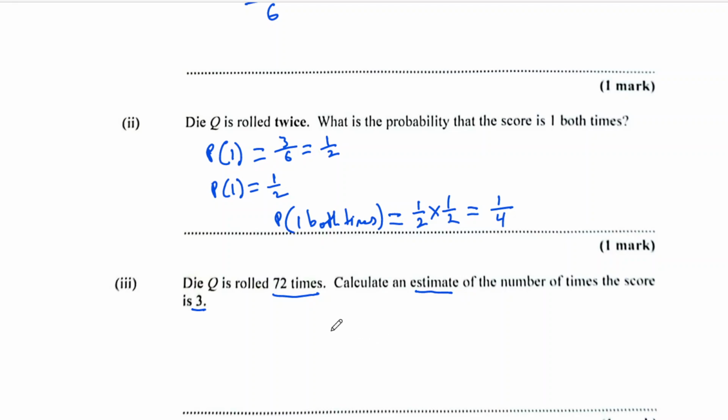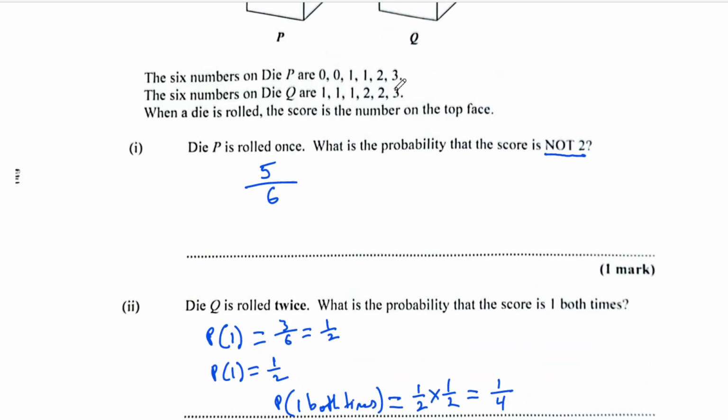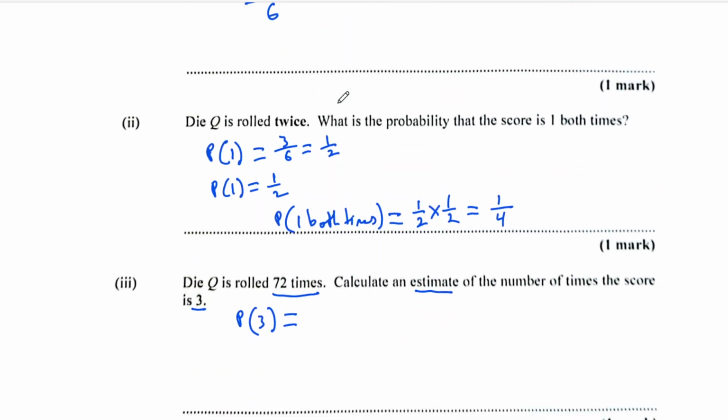So to calculate the estimate, we need to first find the probability of getting a 3. So the probability of it landing on a 3, this is die Q, it has one 3 and it has 6 numbers. So that is 1/6.